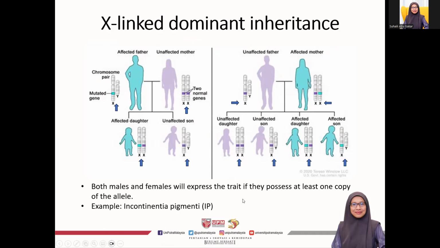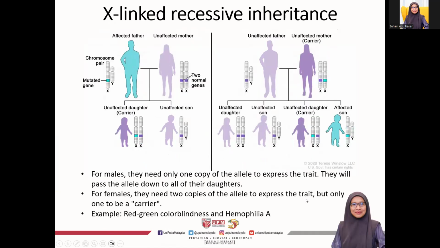Both males and females will express the trait if they possess at least one copy of the allele. The affected father got one allele only, the affected daughter got one allele only, and the affected son got one only. An example of X-linked dominant inheritance is incontinentia pigmenti.